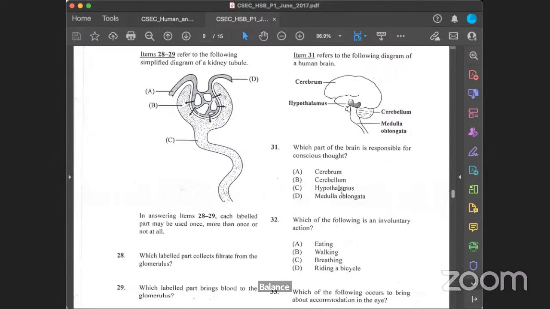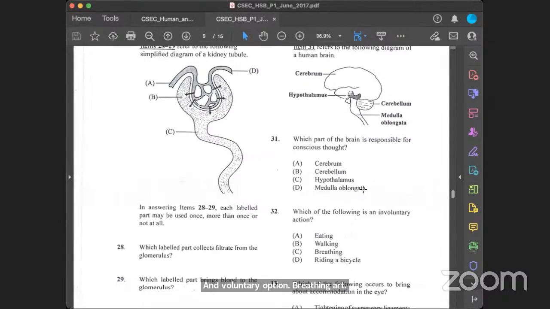Hypothalamus does what? Secrete hormones. Medulla oblongata does what? Involuntary action, such as what? Breathing, heartbeat.